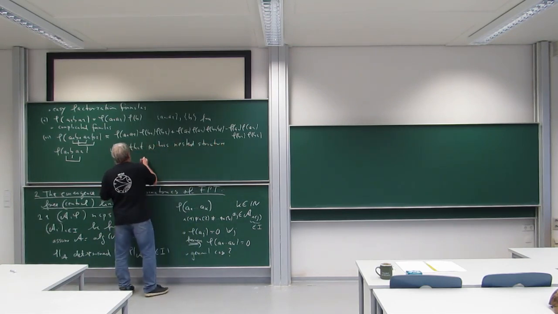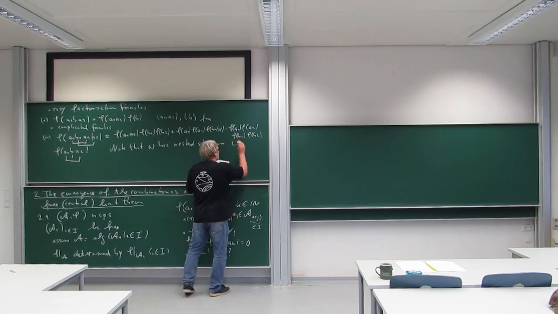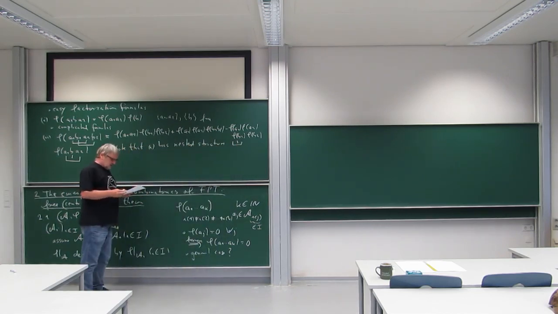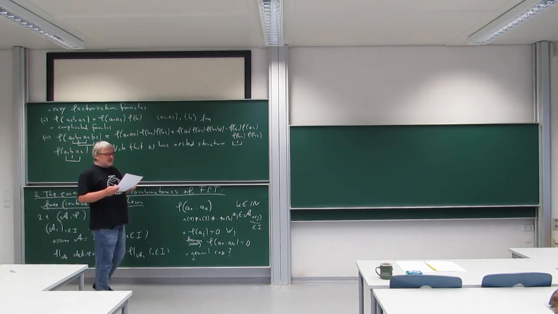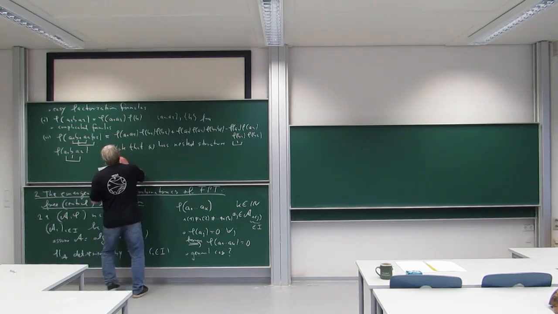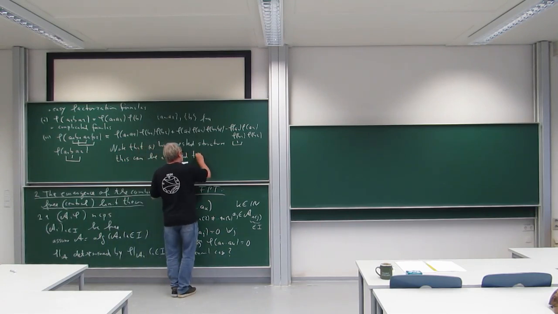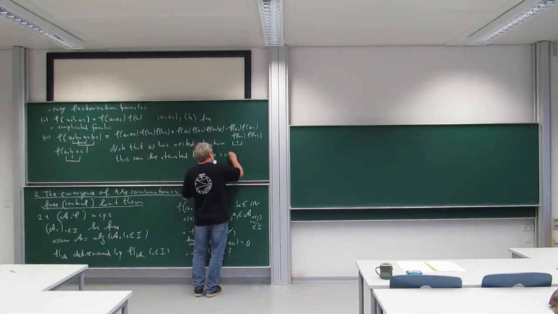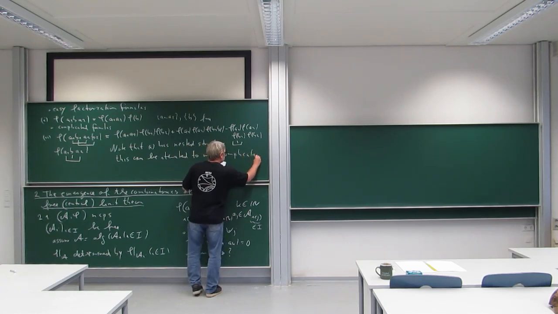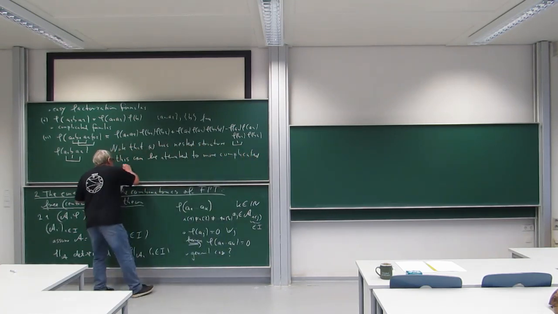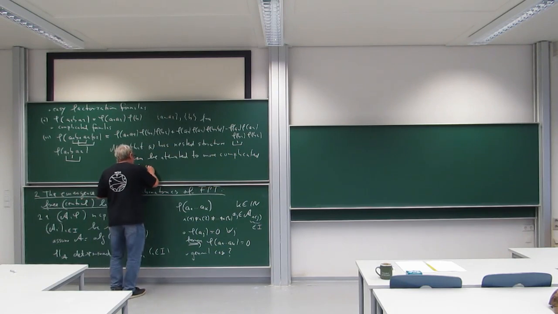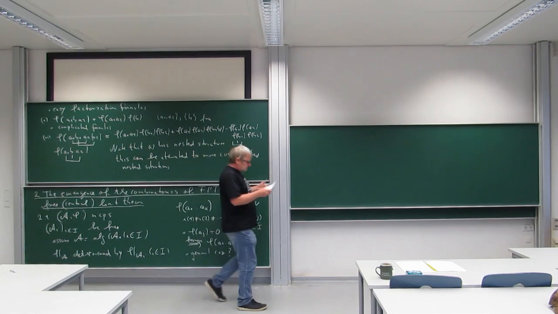So maybe they are sitting like this inside each other, and actually this nesting can be iterated to more complicated situations of the same type, still nested situations. Okay, so let us look at an example of this.